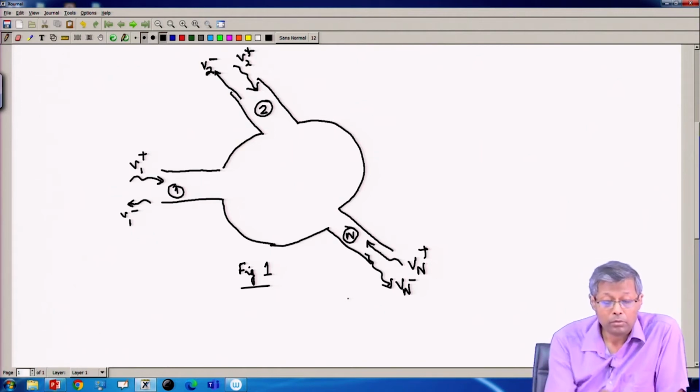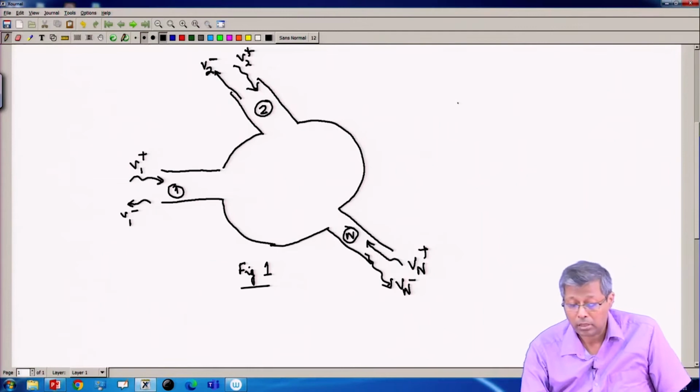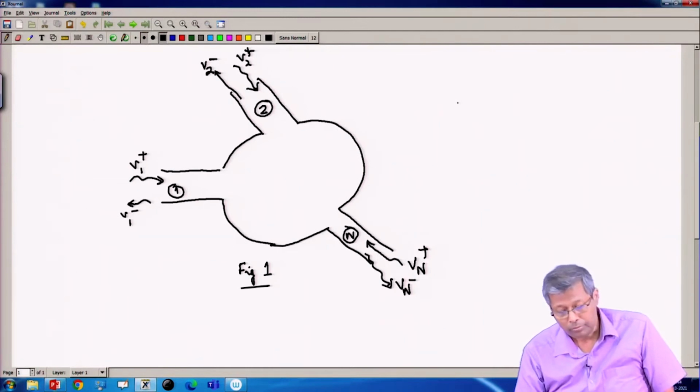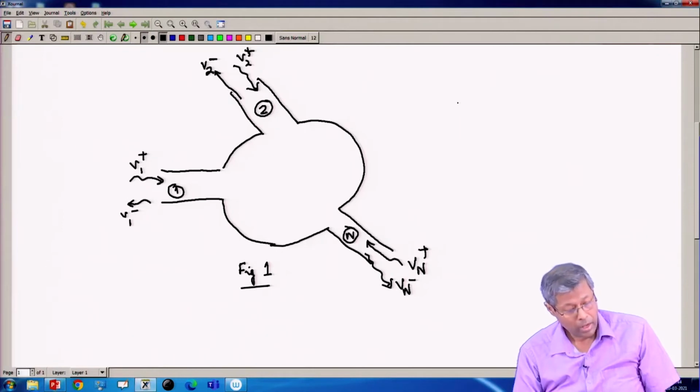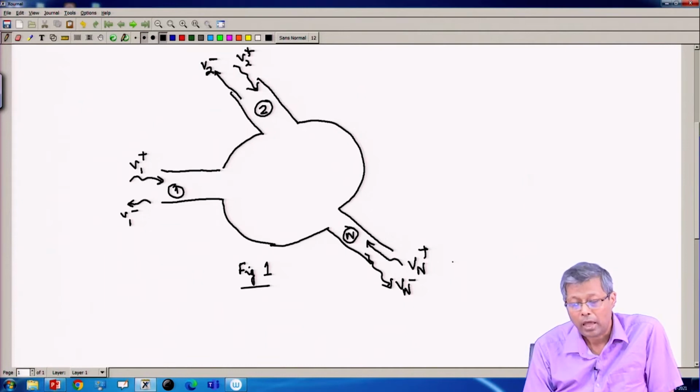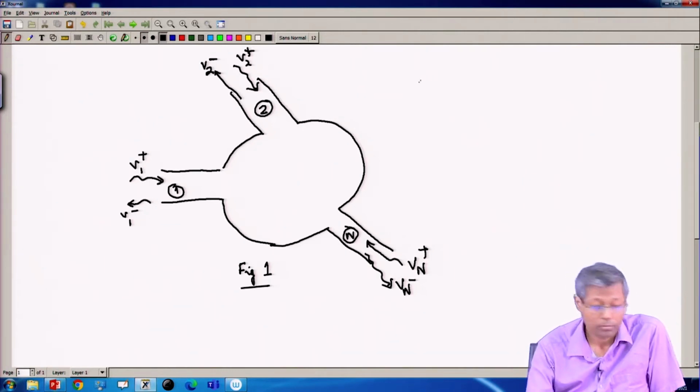So, in order to characterize this environment, we use the scattering matrix, and that relates the incident and the reflected voltage waves in the N-port network.